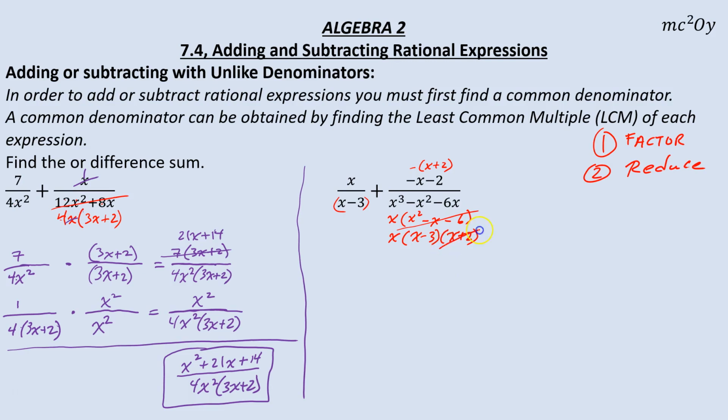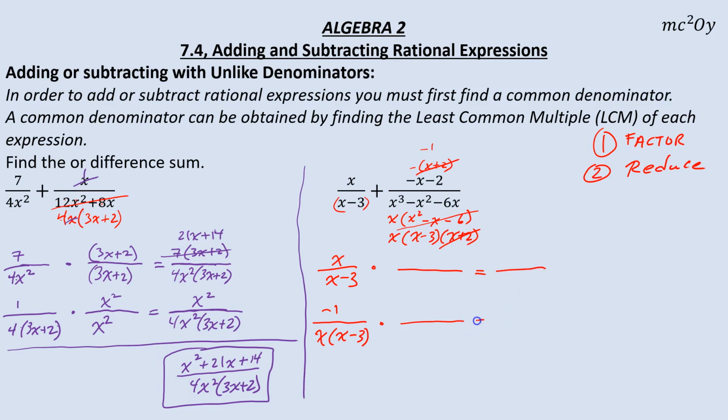I could take out an x plus 2. Now I just have a negative 1. So now I have x over x minus 3, and we're adding that to negative 1 over x times x minus 3. So we need to know what you're multiplying by.